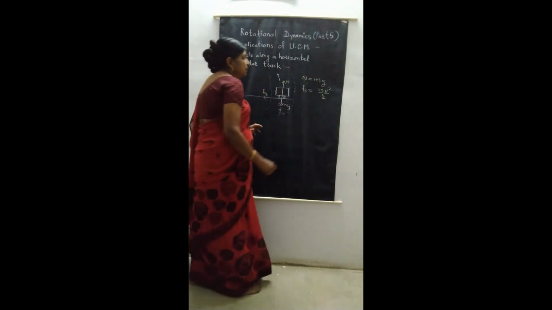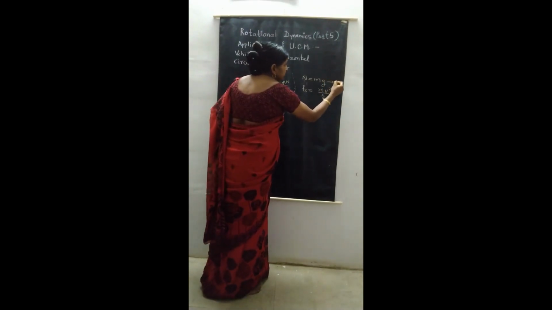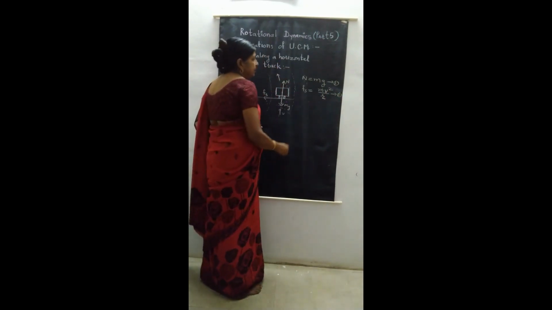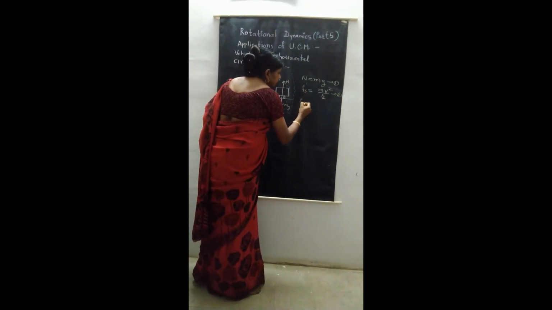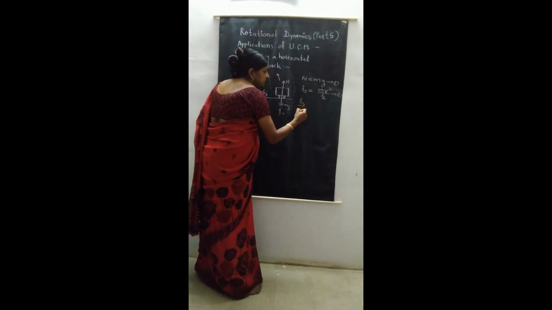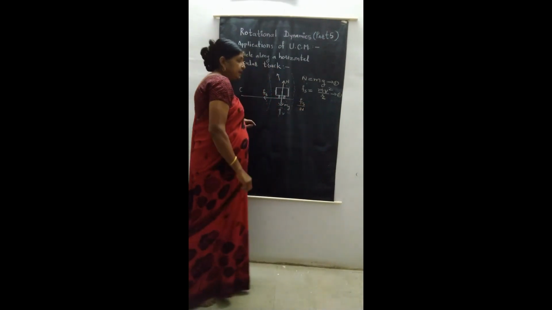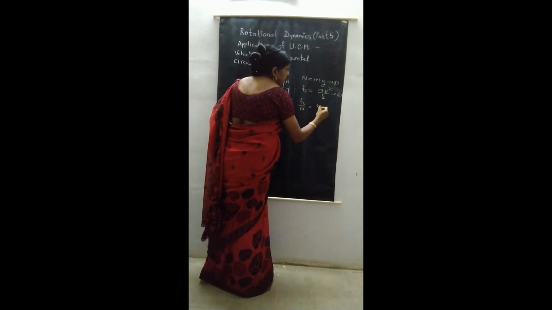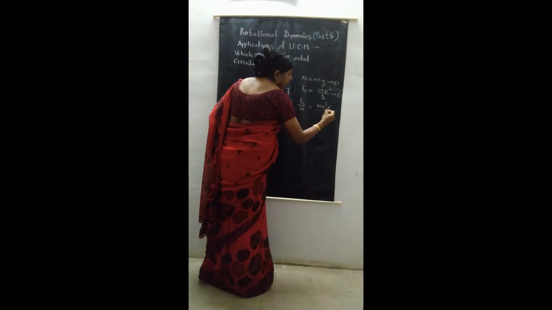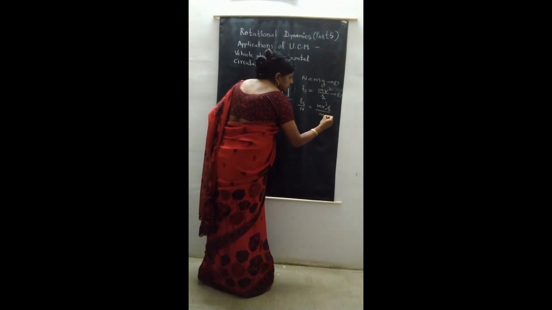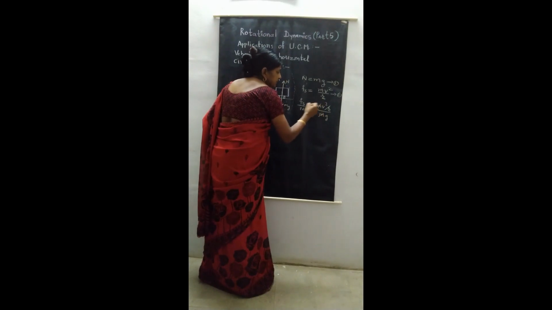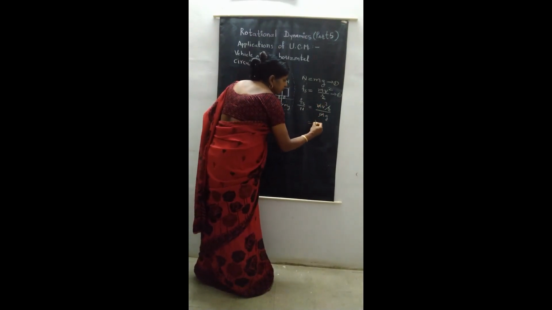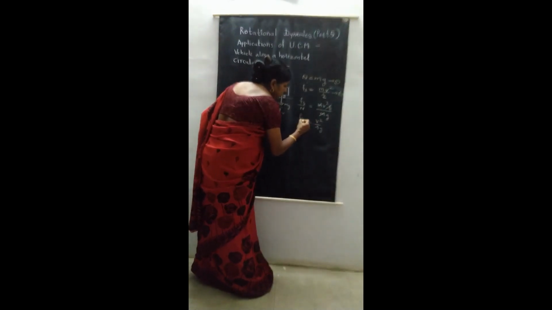Now, suppose this is equation number 1, this is marked as equation number 2. Then we divide the second equation by the first equation to get Fs by N is equal to mv square upon r divided by mg. So this m cancels with this m, giving us v square upon rg is equal to Fs upon N.